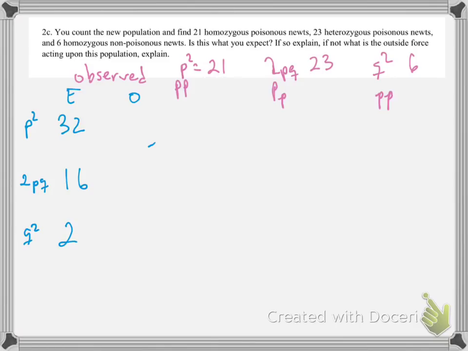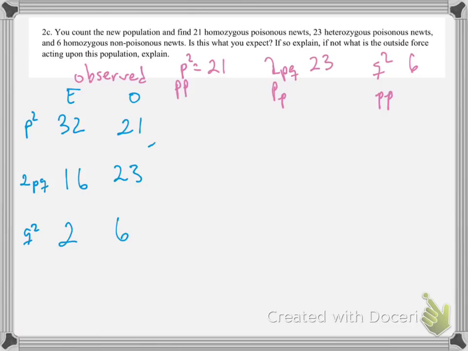So those are the number of individuals I expect to be in the population. So we're talking genotype here, not phenotype. Then I observed, what did I observe? I observed 21 homozygous dominant, I observed 23 heterozygous individuals, and I observed 6 homozygous recessive individuals.